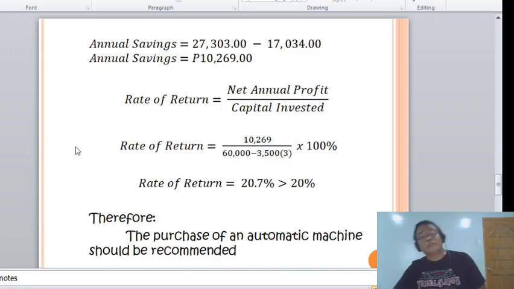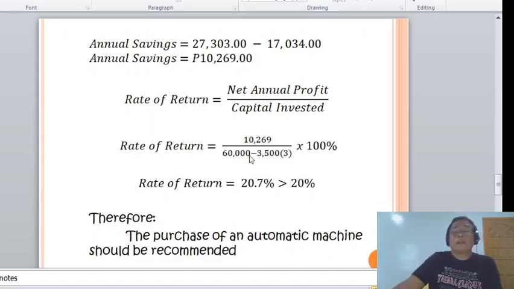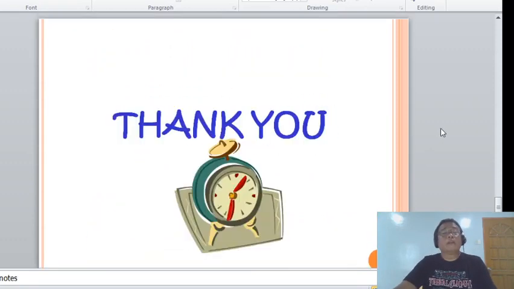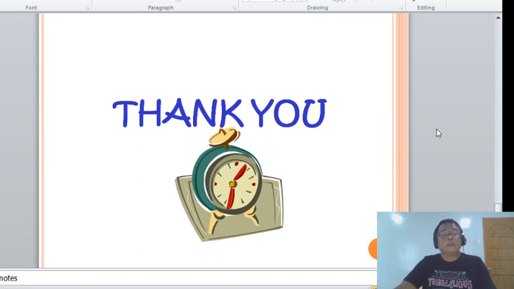That is, class, how you are going to compute the rate of return, or how you are going to decide on an investment. Thank you very much, class.